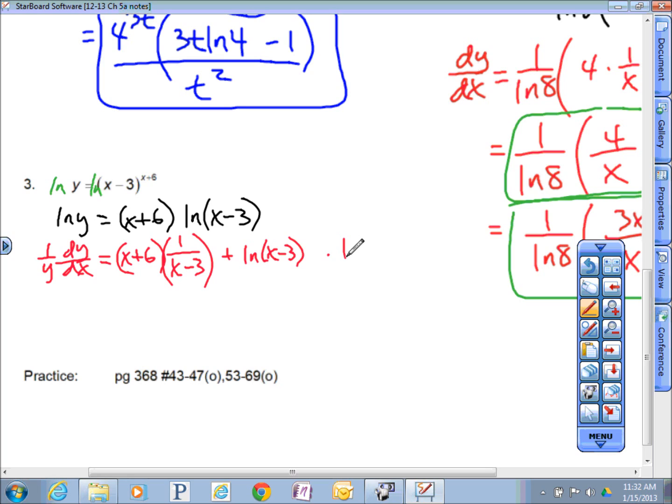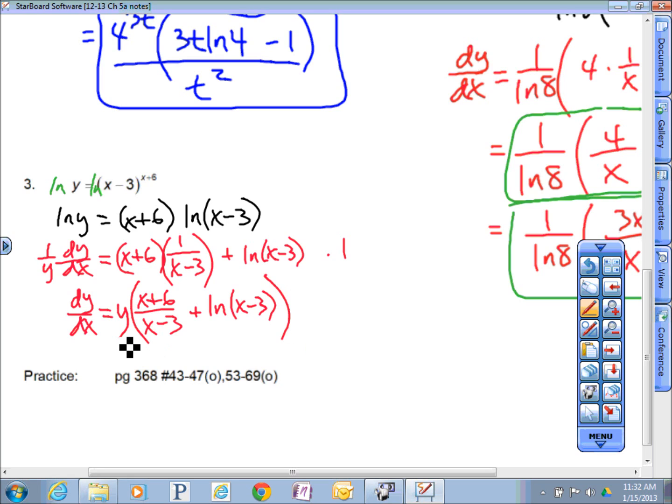So now what do you have? You've got 1 over y dy over dx is equal to x plus 6 over x minus 3 plus natural log of x minus 3.